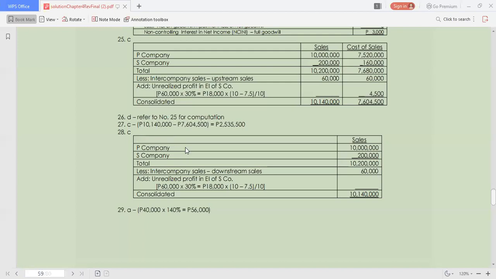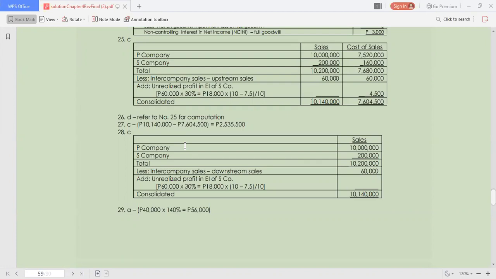So 30% or 18,000, and we multiply it by 10 minus 7.5, as in the books of Patty, sales of 10 million and cost of goods sold of 7.5 million. So we have now the gross profit rate of 2.5 divided by 10, and we multiply by 18,000.